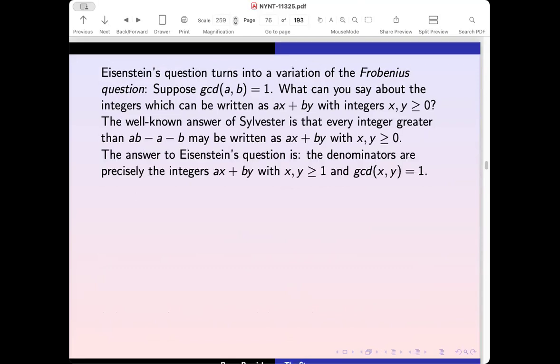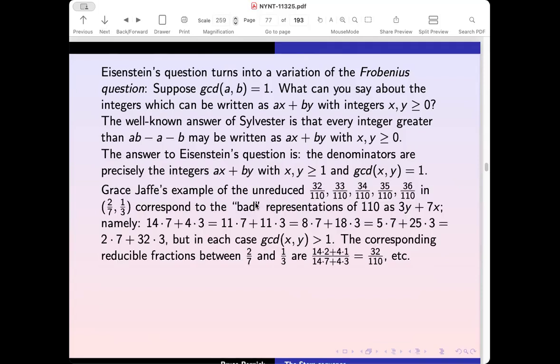The answer to Eisenstein's question is that you want to know what integers can be written as ax plus by with x and y greater than or equal to 1 and the GCD of x and y equal to 1. And in Grace's example, the bad representations of 110 give you a reducible fraction with denominator 110.